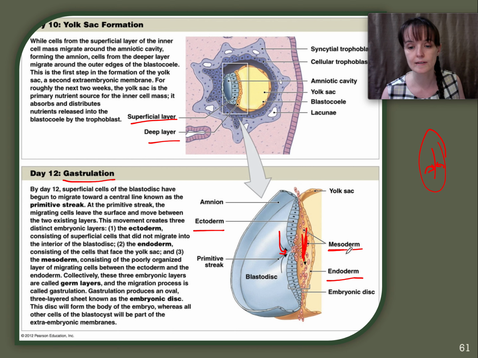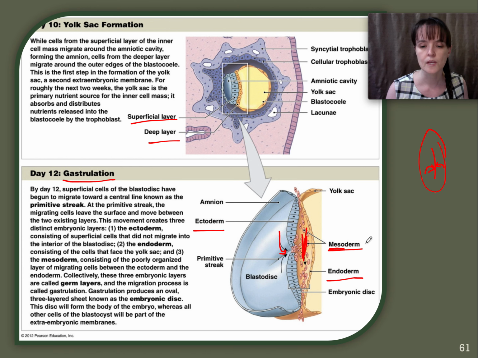Meso, like Mesozoic era, or like a metaphase plate. Meso. We had meso somewhere else. We've had meso before. Not miso, that's soup. Also good. Meso means middle, and forming this middle layer of mesoderm is gastrulation.